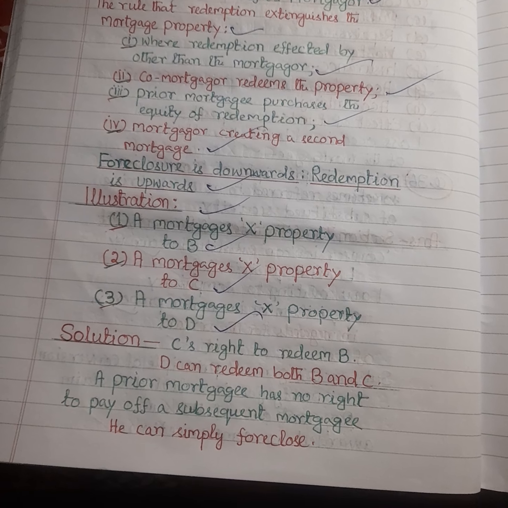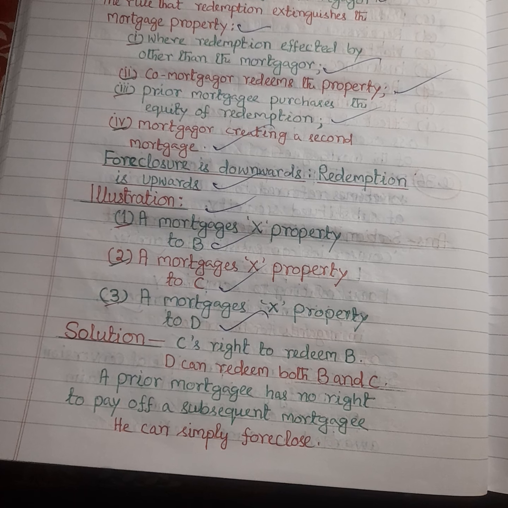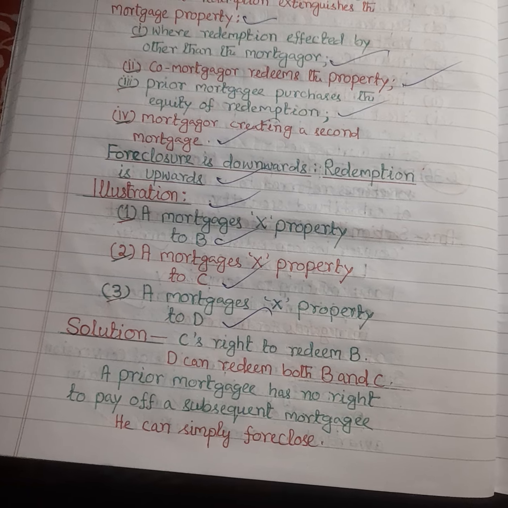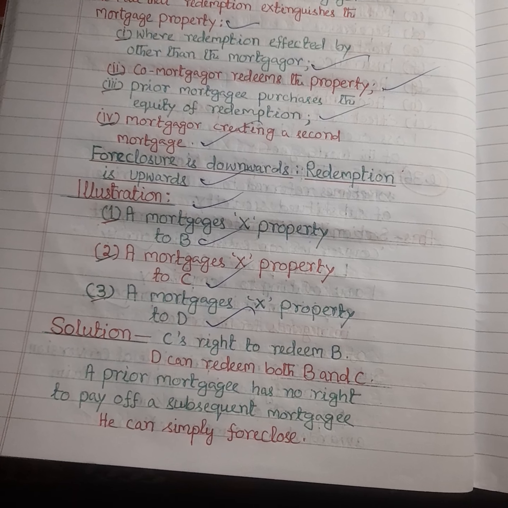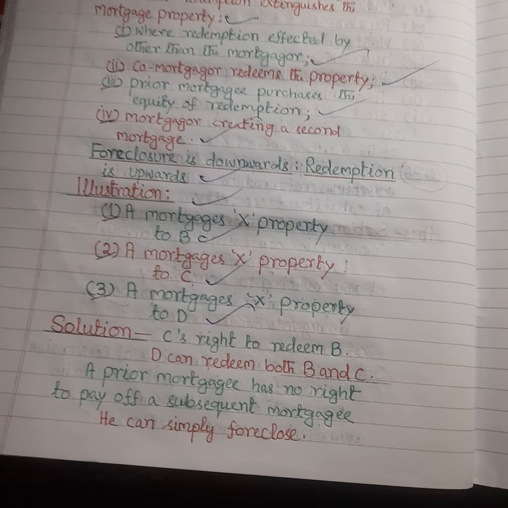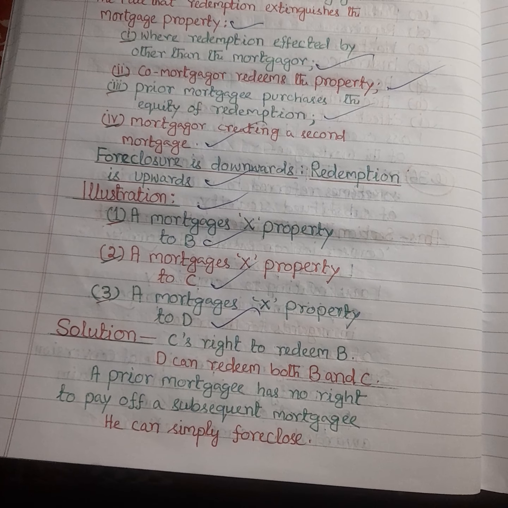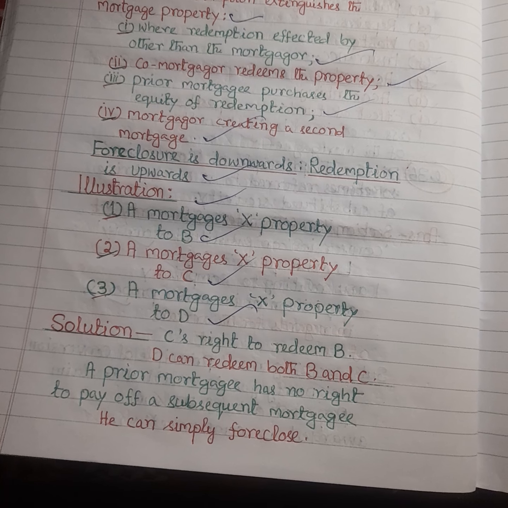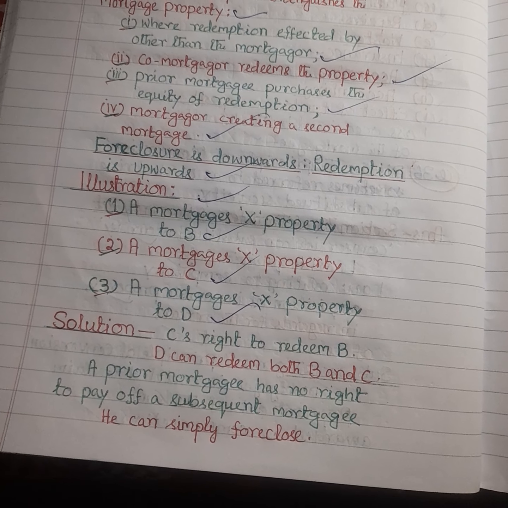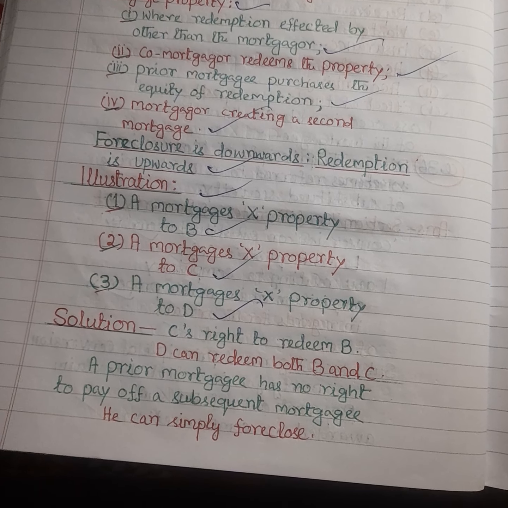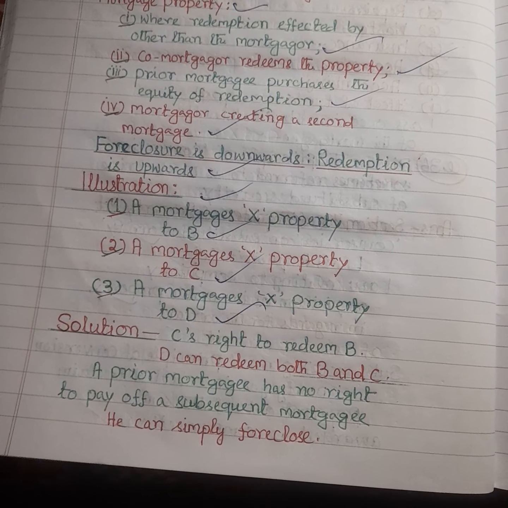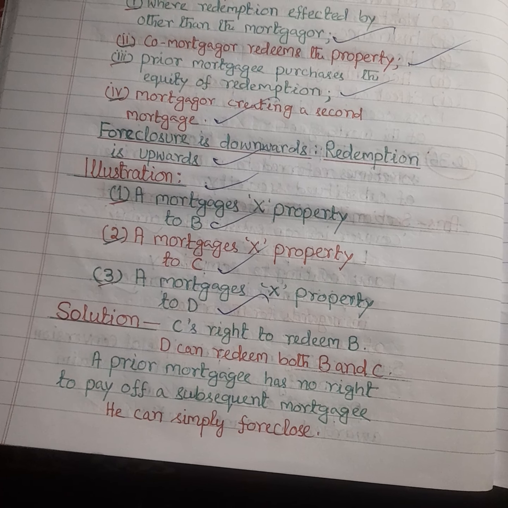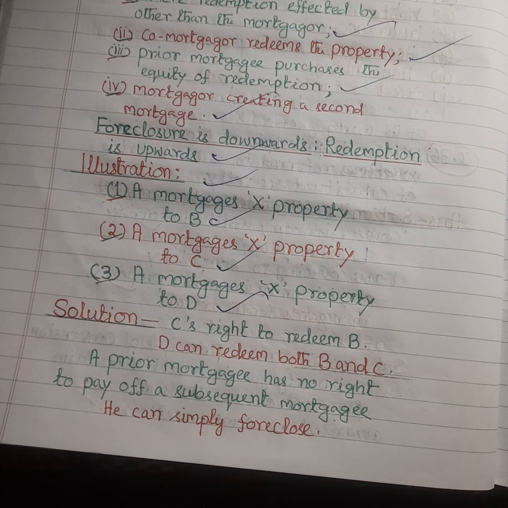C is the assignee of part of the right of redemption of A against B, and therefore has the right to redeem B. D is also the assignee of part of the right of redemption of A against B and C, and therefore D can redeem both B and C.